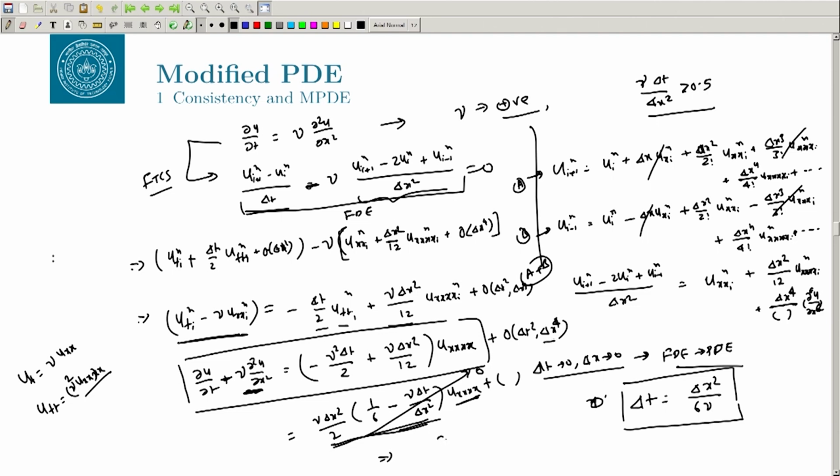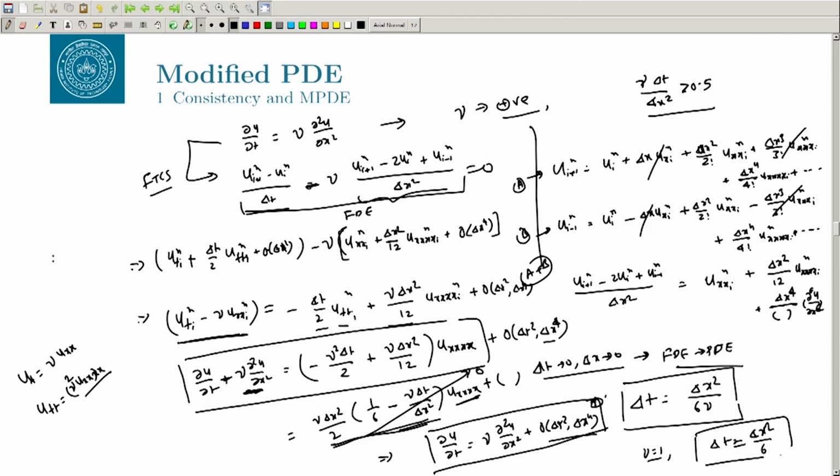So, you will get del u by del t is equal to nu del square u by del x square plus order delta t square and delta x to the power 4, right. So, you get fourth order accuracy in your spatial scheme if delta t is equal to delta x square by 6 nu, and if nu equal to 1, then delta t is equal to delta x square by 6.